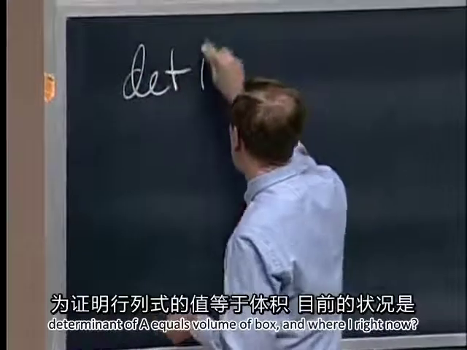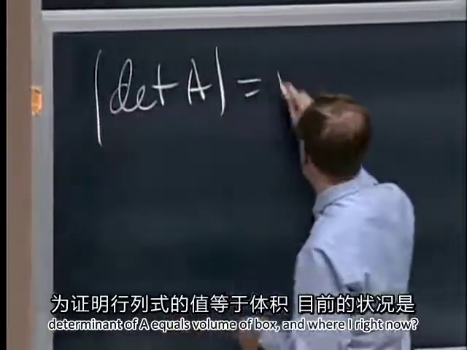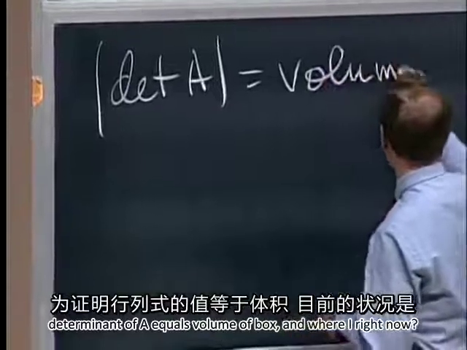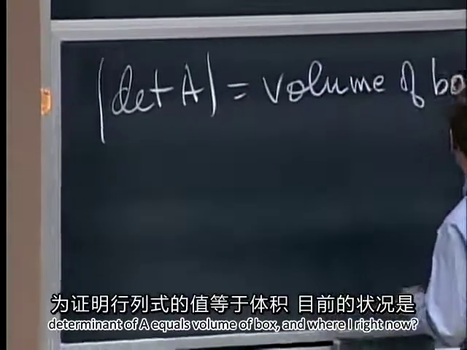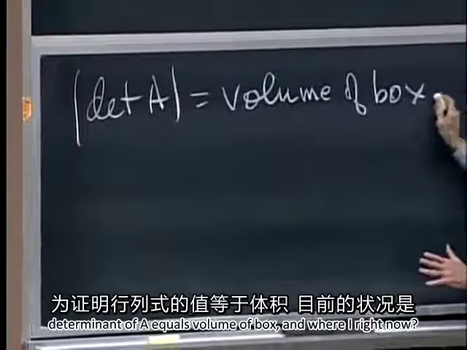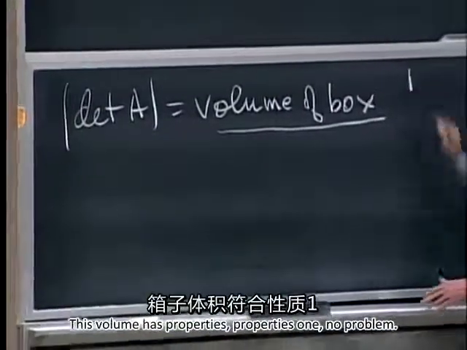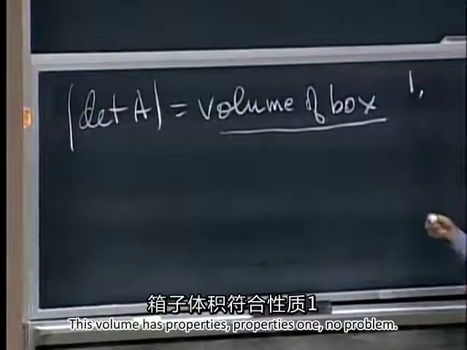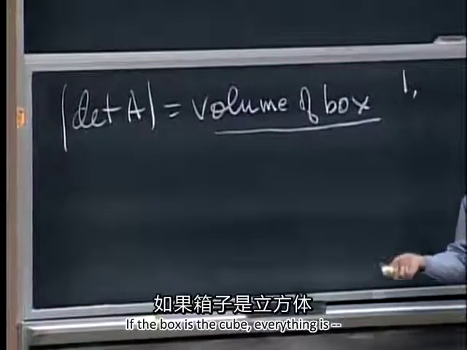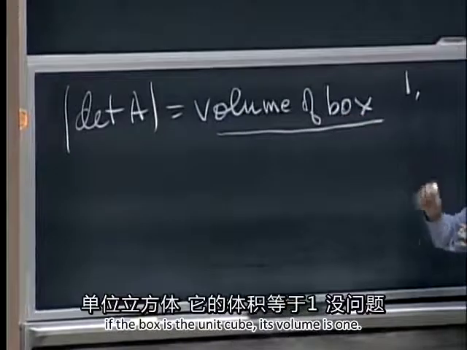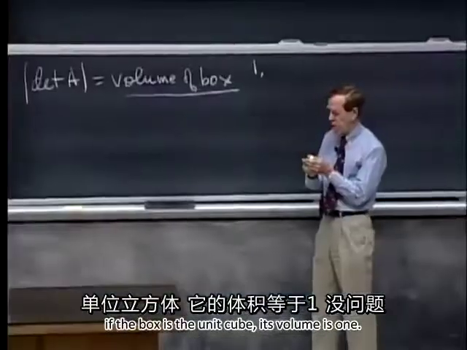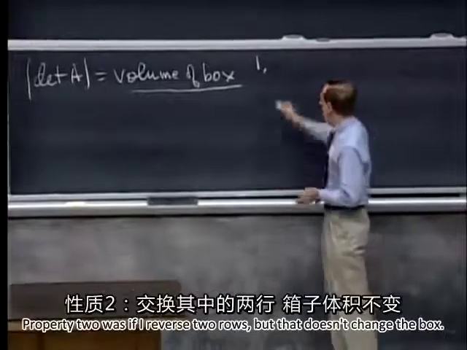I want to show the determinant of A equals the volume of the box. And where am I right now? This volume has property 1, no problem. If the box is the unit cube, its volume is 1.